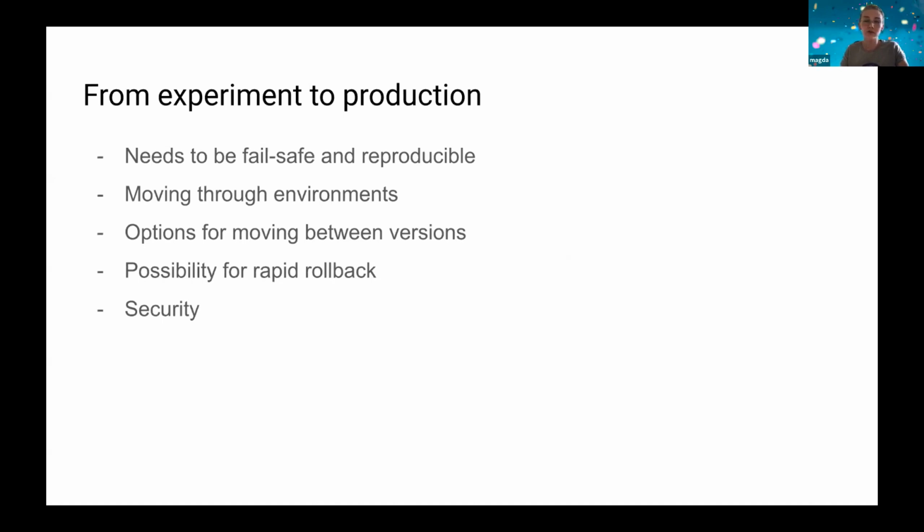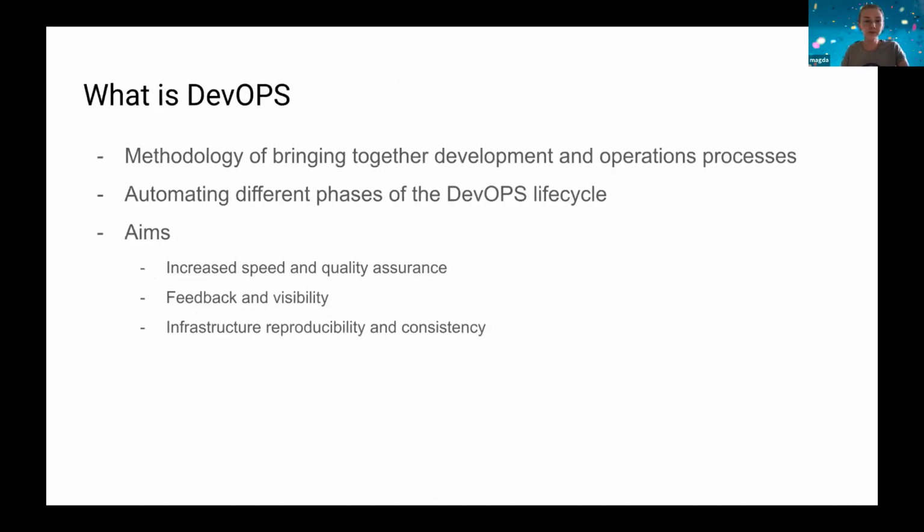You'll need some kind of system for moving through different environments, for example, from the development environment to staging and then on to production. And you also need some kind of system for moving between versions in production, for example, swapping when A/B testing between two different versions of the code. There's also a requirement for a rapid rollback when you're deploying something and it might go wrong, and you also have all these increased security requirements.